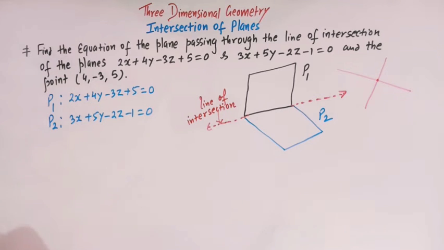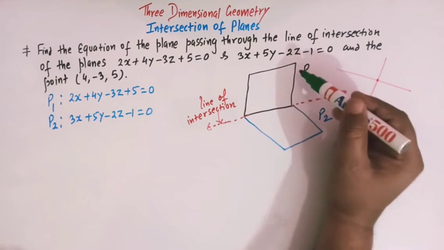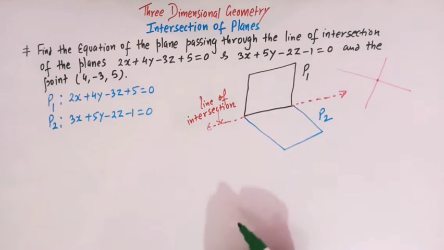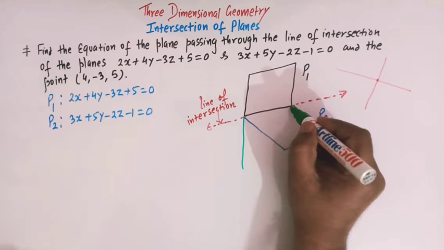Now we have to find the equation of the third plane which passes through the line of intersection of the two given planes P1 and P2. We can draw the third plane like this.